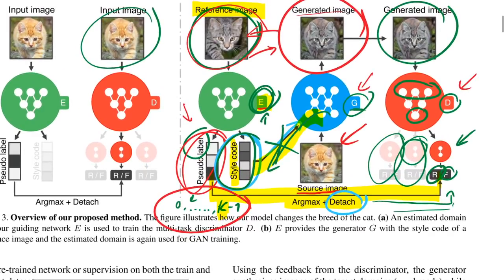The encoder has two parts: the pseudo-label, which is over here, which is trained completely unsupervised, detached from everything else in a self-clustering approach. While the style part here is trained, first of all, in a contrastive way, which makes sense, and also in a back-propagated way from the generator. So the style generation mechanism tries to help the generator, okay?